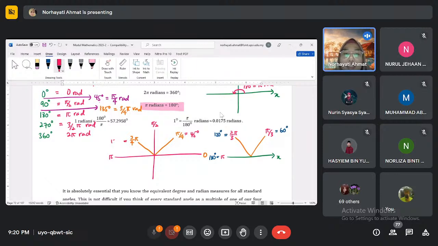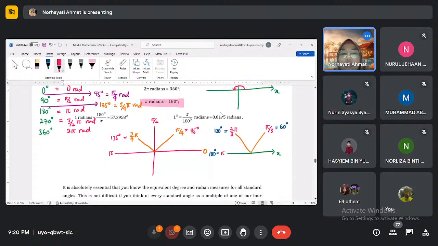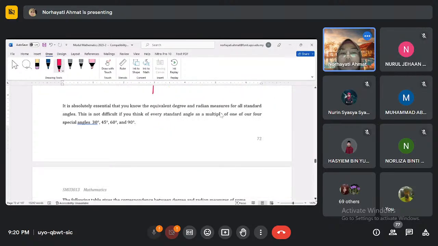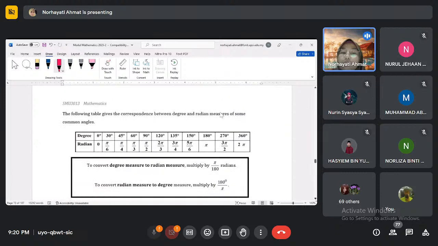This one 135 degree. Okay, boleh kelas? This is how you convert lah if the given angle is standard angle. Okay, kalau kita ada standard angle lah yang senang kita nak divide. Tapi sometimes the angle is not in standard. Okay, not a standard angle. So we need to know how to convert degree to radian.